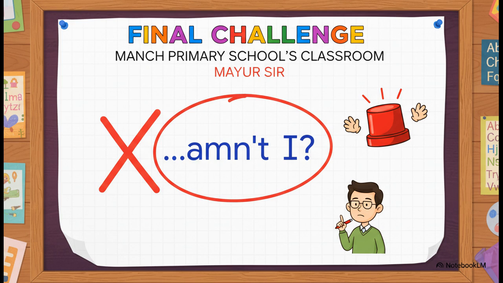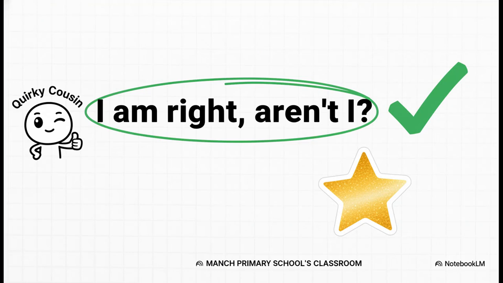It just makes sense. And you might even hear people say it. But technically, in proper standard English, it's a no-go. It's considered incorrect. So what's the right way? Well, remember our first quirky cousin? The correct version is aren't I. This is probably the number 1 special case you just have to burn into your memory. I am late, aren't I?